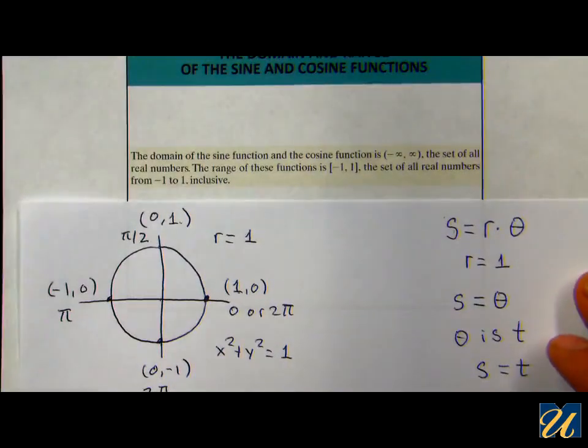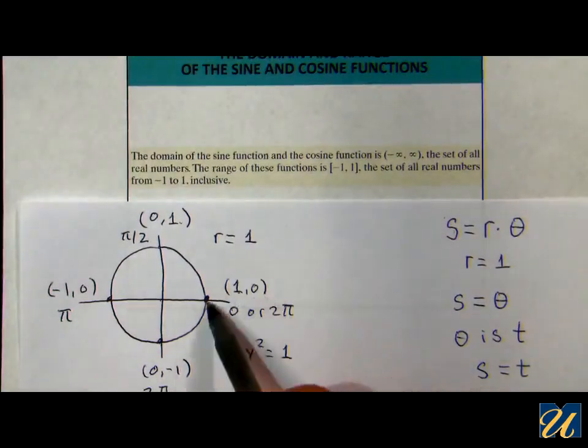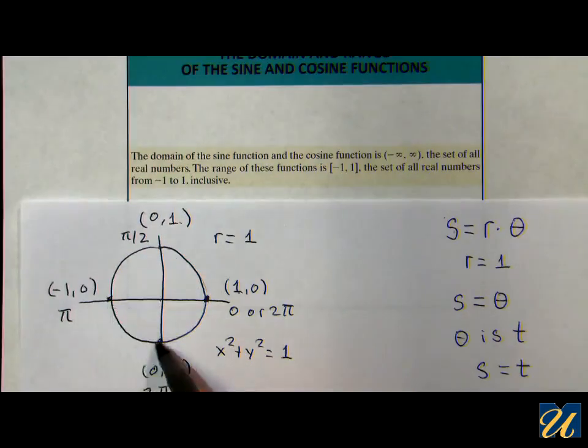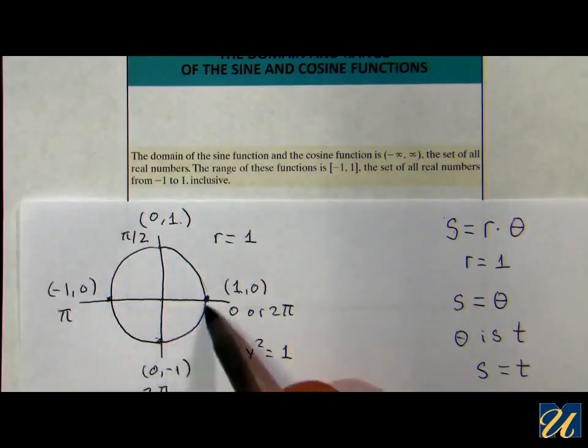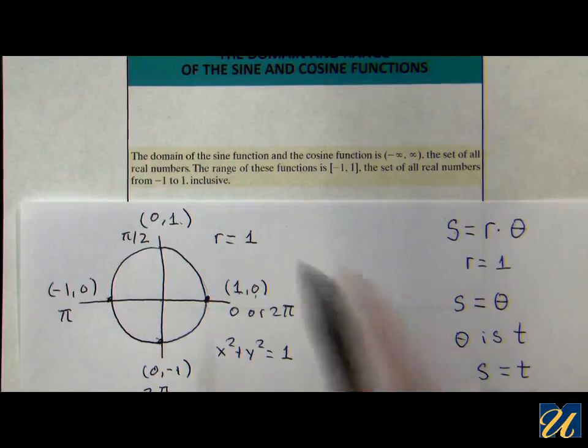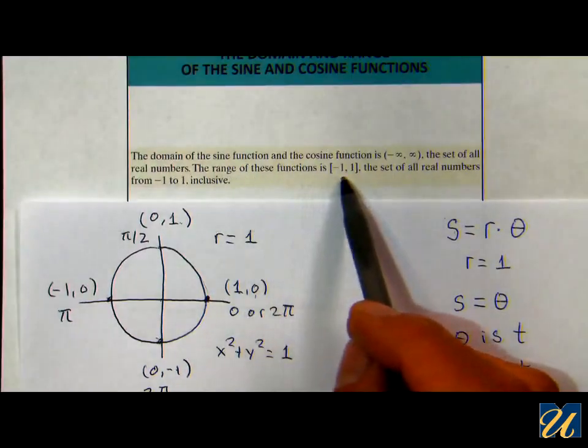We track the y-coordinate, we see that the y-coordinate varies from 0 to 1 to 0 to minus 1 back to 0. So the full values that the sine function undergoes within one rotation fluctuates between plus and minus 1. So that's why the range of the sine is plus and minus 1.